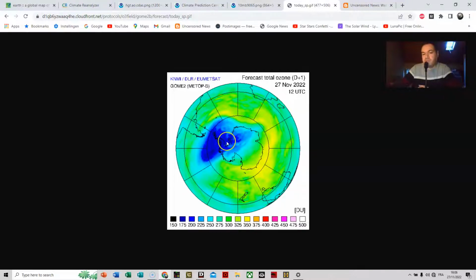And why am I showing this also? This is because in this part of Antarctica, there is of course less ozone, because it is too far over here, over the Weddell Sea, instead of on top of Antarctica, and this could cause more melt, especially over the ice shelf in this area over the Weddell Sea.